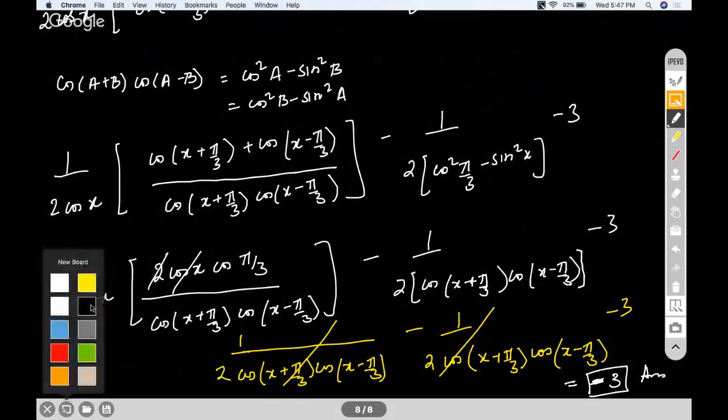We'll move on to the next question. Yes, it may be a 6 marker. You're correct. It can be given as a 6 marker.